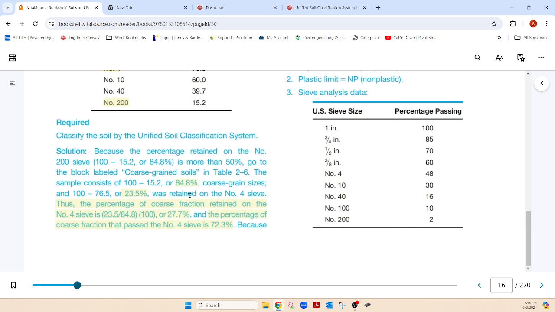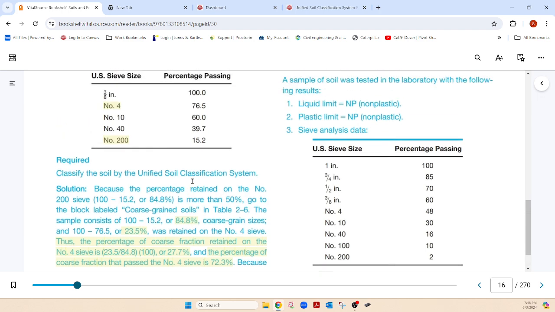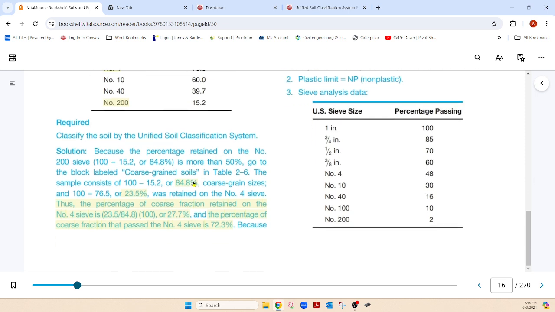It goes on. Let's look at this now. We've got 84.8% retained on the number 200 sieve. And 100 minus 76.5, so 23.5% was retained on the number 4 sieve.